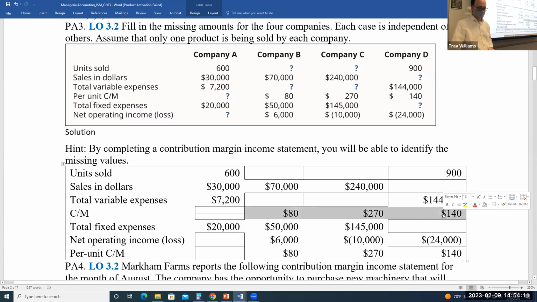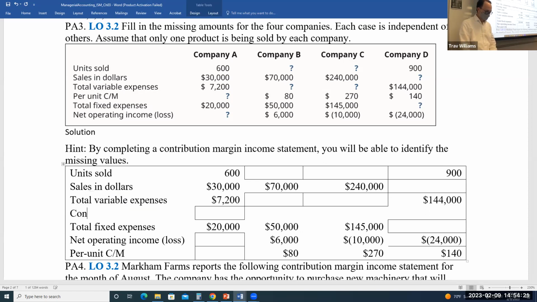So I think it's much easier to solve this problem if we change this middle row to just contribution margin, and we move the per unit contribution margin down to the end. If you don't want to do that, that's okay. Just keep track of what's going on here.